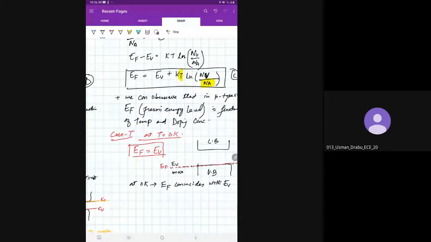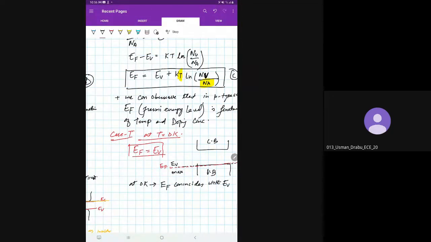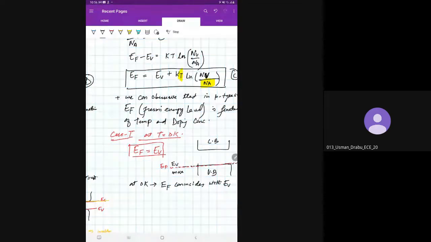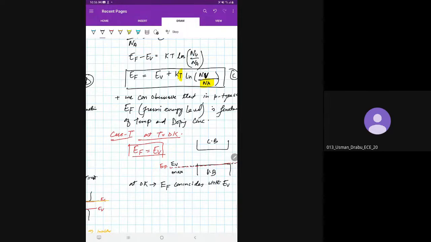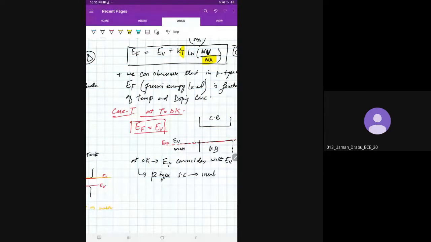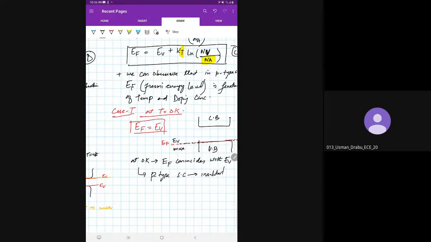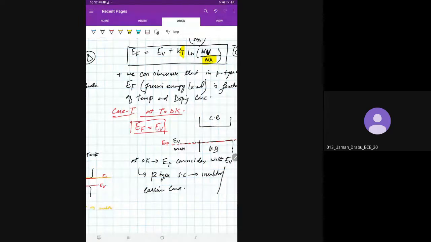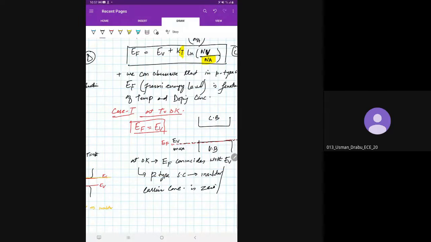Since at T equal to 0 Kelvin the carrier concentration is 0, therefore sigma is 0, and we know that a P-type semiconductor will be working as an insulator at 0 Kelvin because carrier concentration is 0.